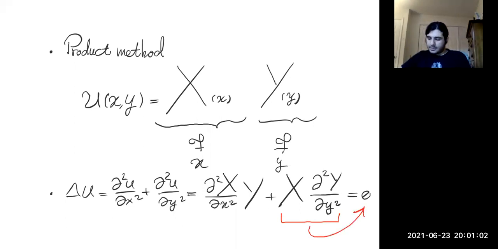Let's take this term to the other side. If we do that, we would get the second derivative of, well, rather than showing the second derivative, because it has one variable, let's show double prime rather than partial derivative, just for simplicity.